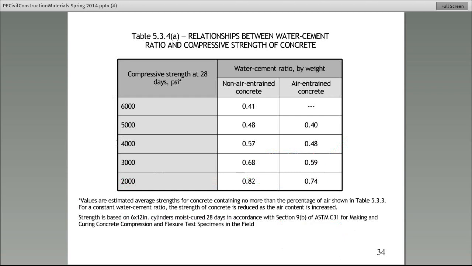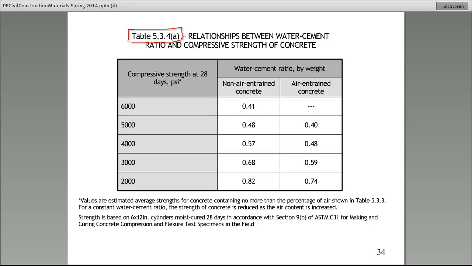So the compressive strength is a function of the water to cement ratio. Write that down. The compressive strength is affected highly by the water to cement ratio, the ratio of how much water we have in the mix versus how much cement we have in the mix.